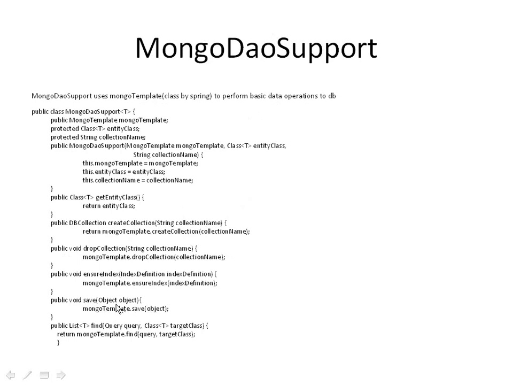Here it is basically calling Mongo template, and Mongo template is a class by Spring. So what does Mongo template do? Mongo understands the language of JSON. It doesn't understand what is a Java object or what is a C object.